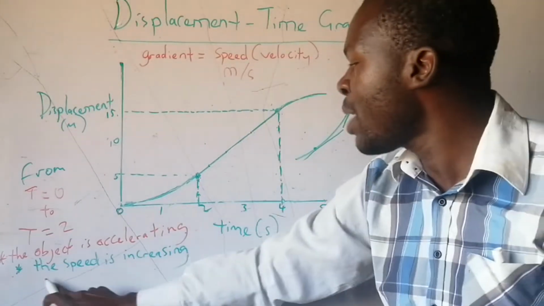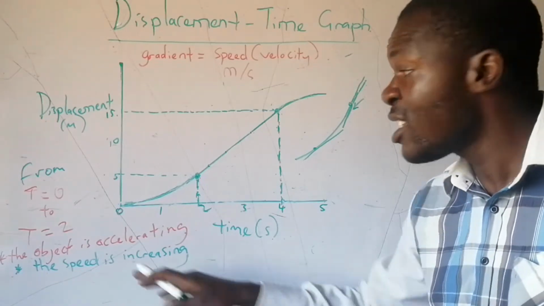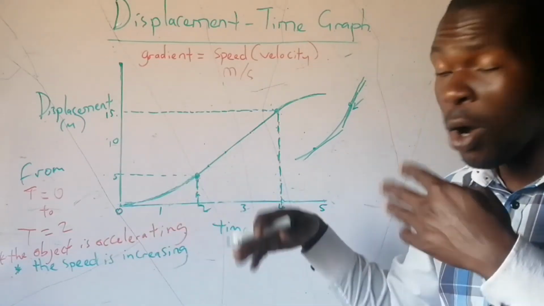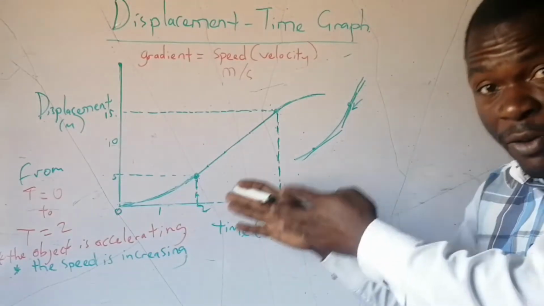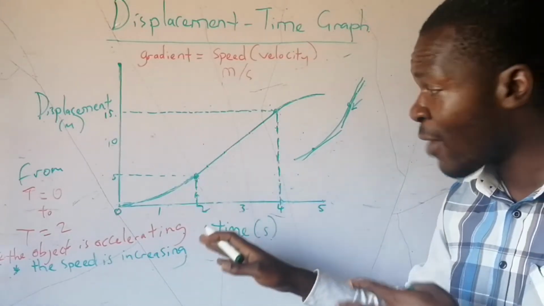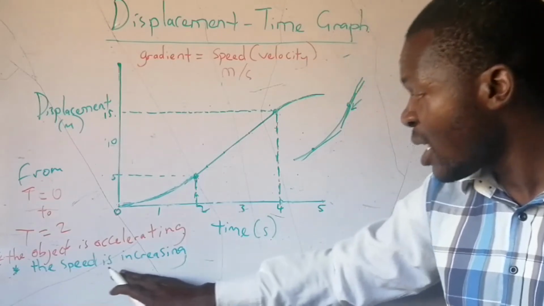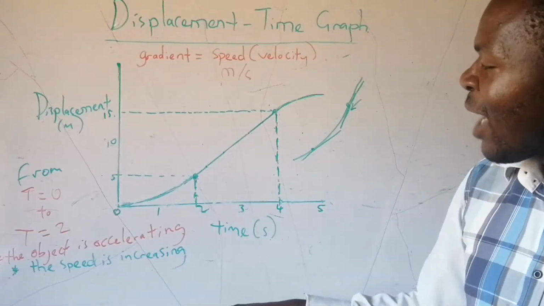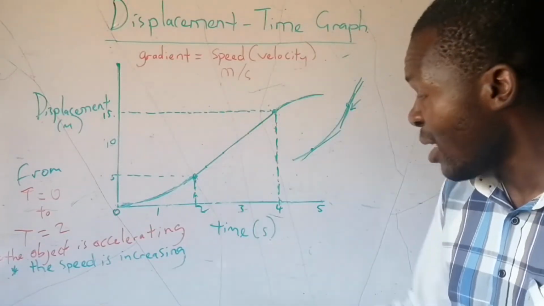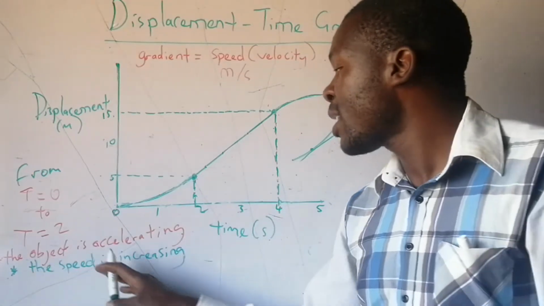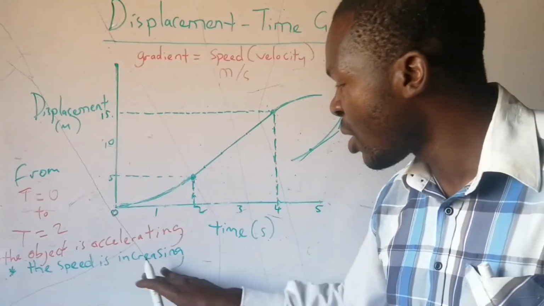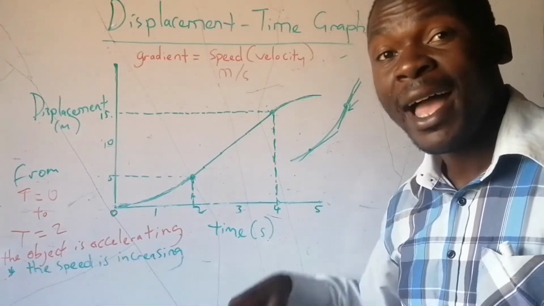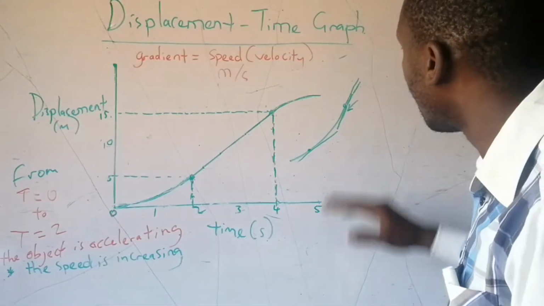It means that the speed of this object, whose movement is shown with this graph, is increasing. When the speed is increasing, the object is accelerating. Just know that when the speed is increasing, the object is accelerating.